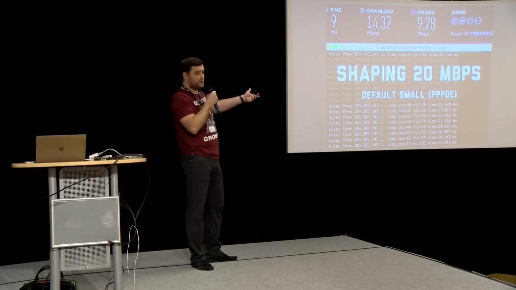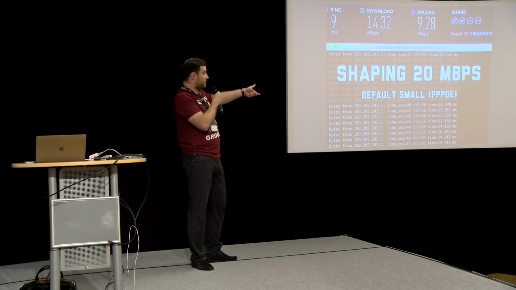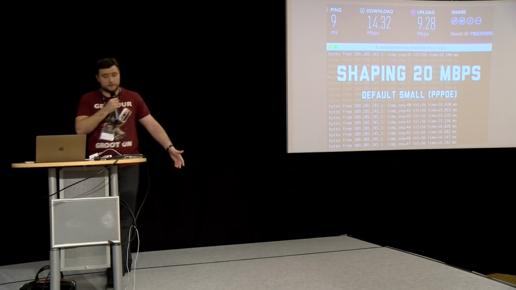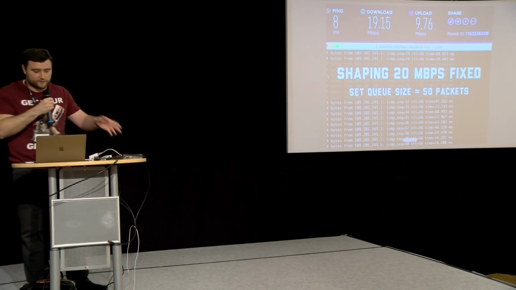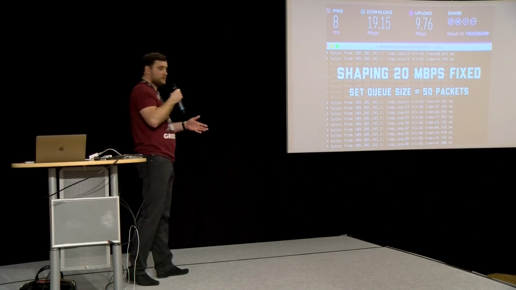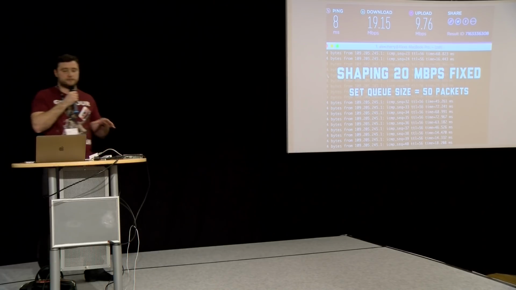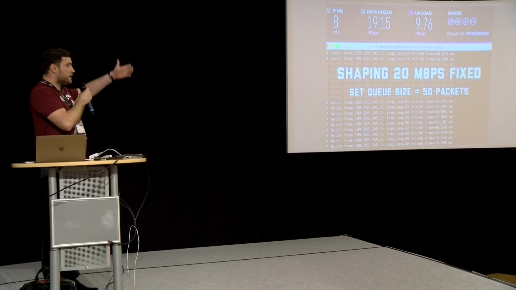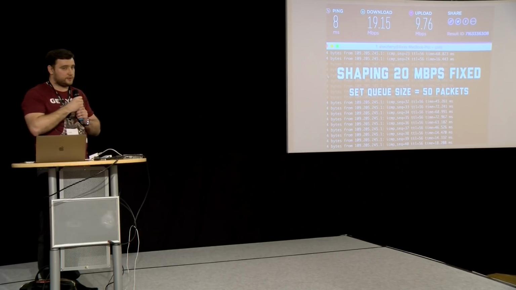You just need to change your queue size. Here it's 5 packets, and when I change the queue size to 50, it starts to work as it should. So this is just the basics of queuing, and I hope that you understand what I'm talking about, and you will use the right queue size in your shaping configurations.